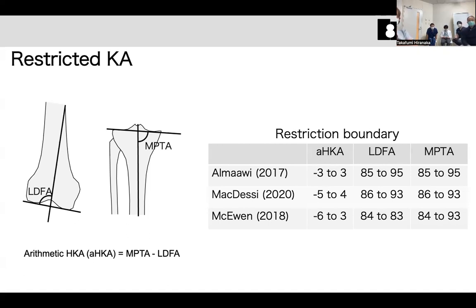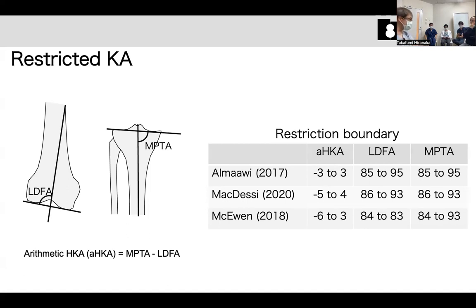My restriction is 5 degrees of varus for LDFA and up to neutral. For the tibia, I allow 5 or 6 degrees of varus, but I never allow valgus. And as a result, I follow this limitation.